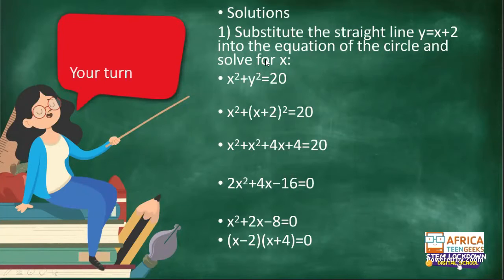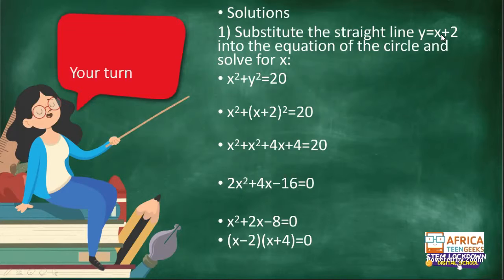Carlos is asking if the equation that I'm substituting into is the circle equation. Yes, Carlos, this here is the equation of the circle, x squared plus y squared equal to 20, which passes through the origin (0, 0).